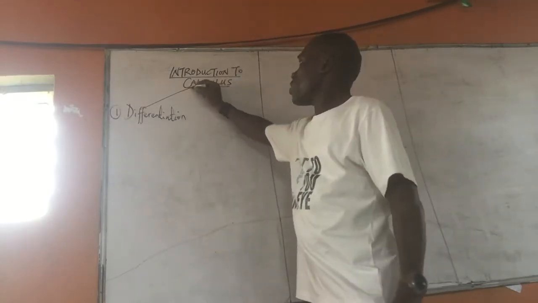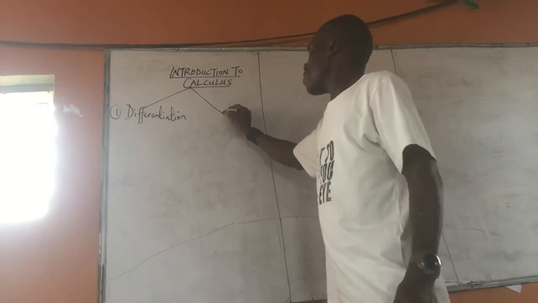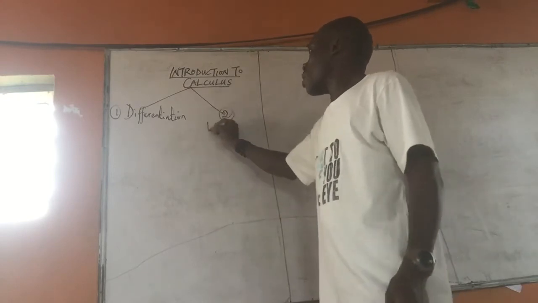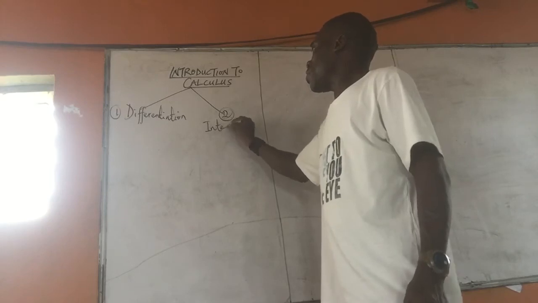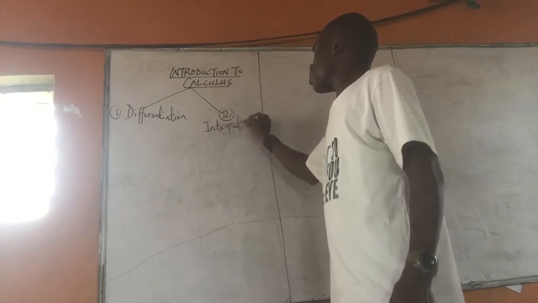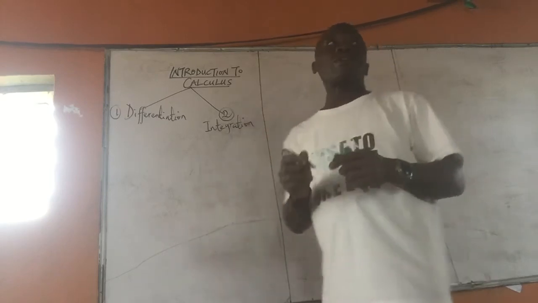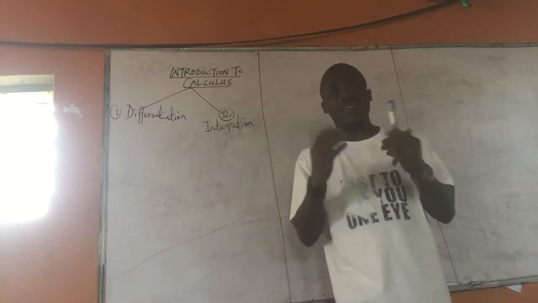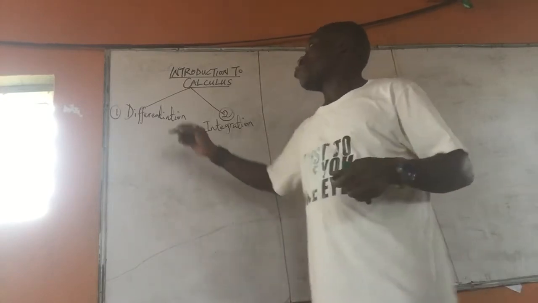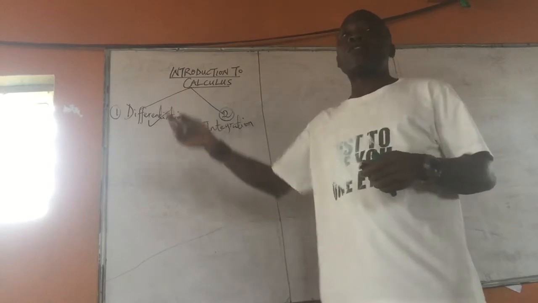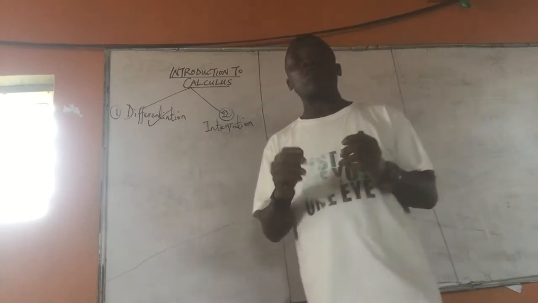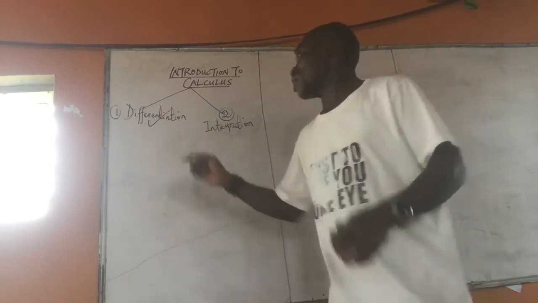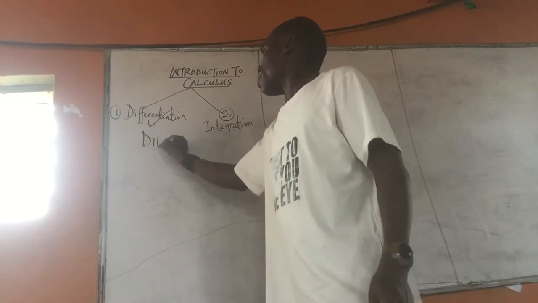Then the second stage of it is what we call integration. But right here, I am starting with the first one, which is called differentiation. So I'm going to bring it out as a subtopic, differentiation.